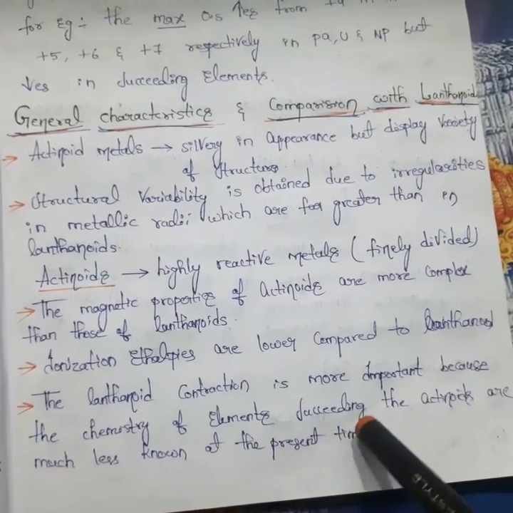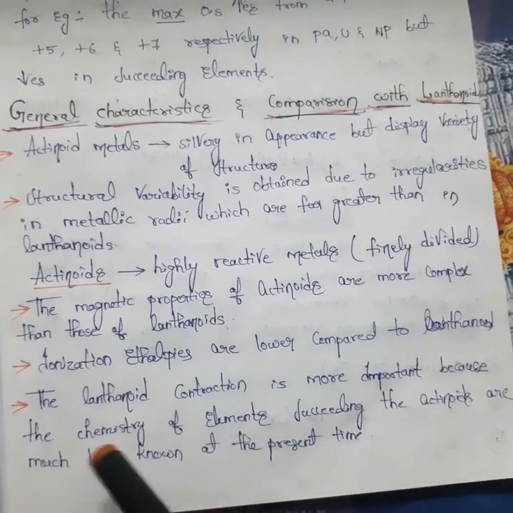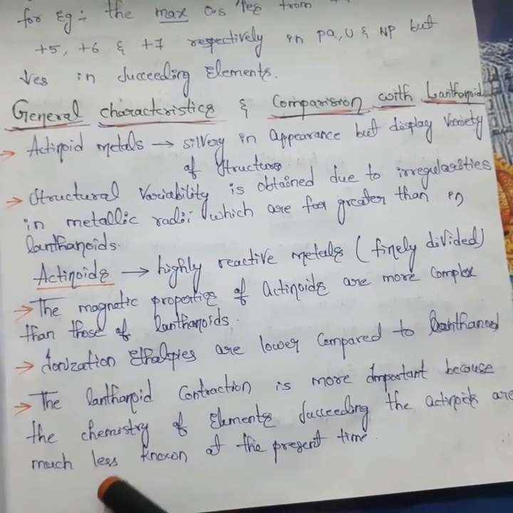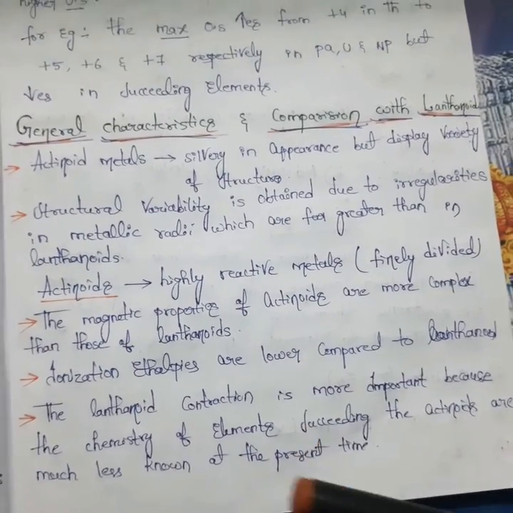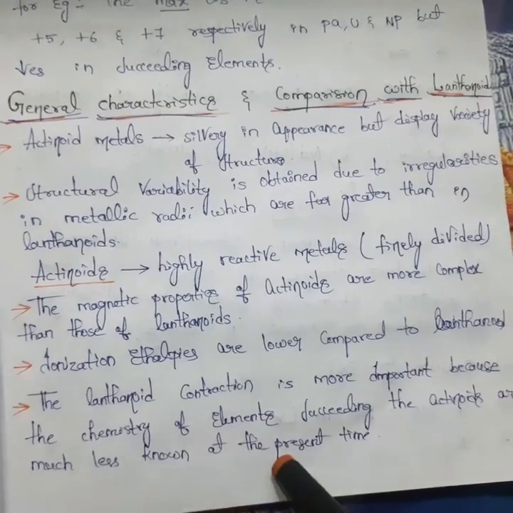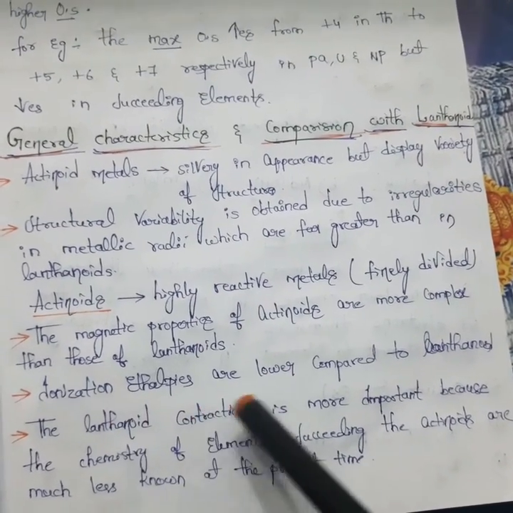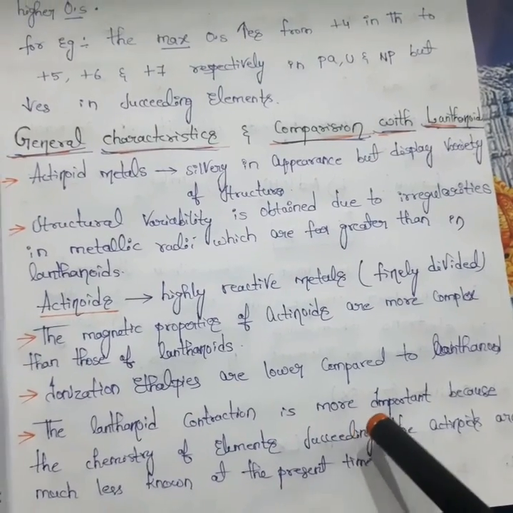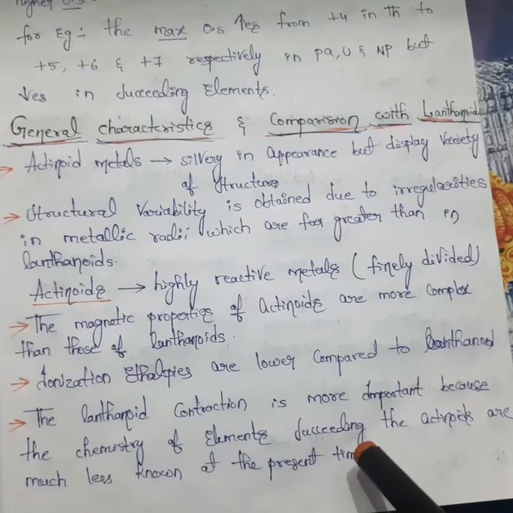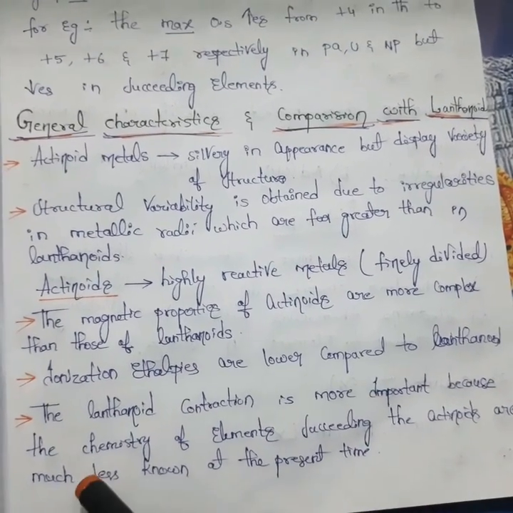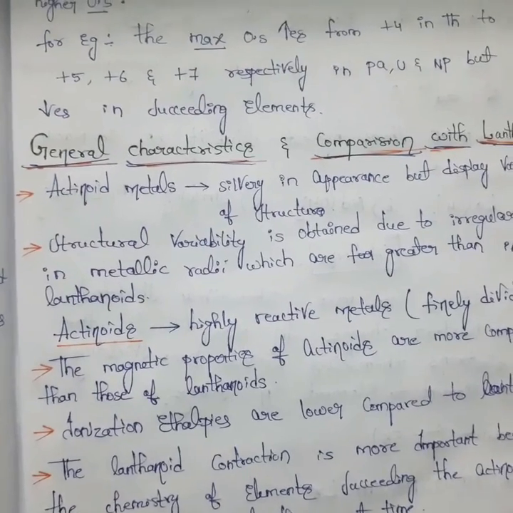Because the elements succeeding the actinoids are less known at the present time. So the lanthanoid contraction is more important because the chemistry of elements succeeding the actinoids is much less known at the present time. Friends, hope you understood.